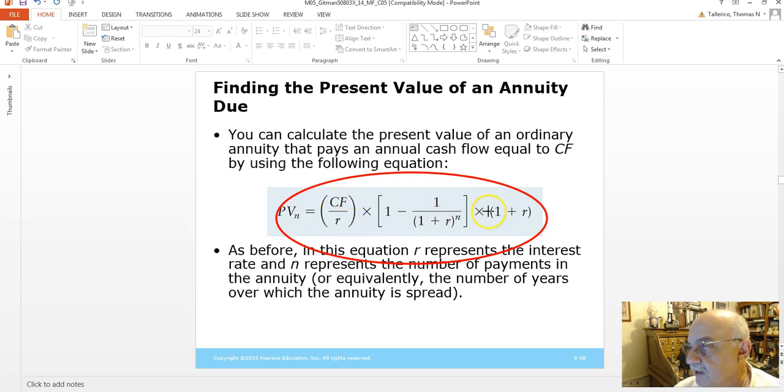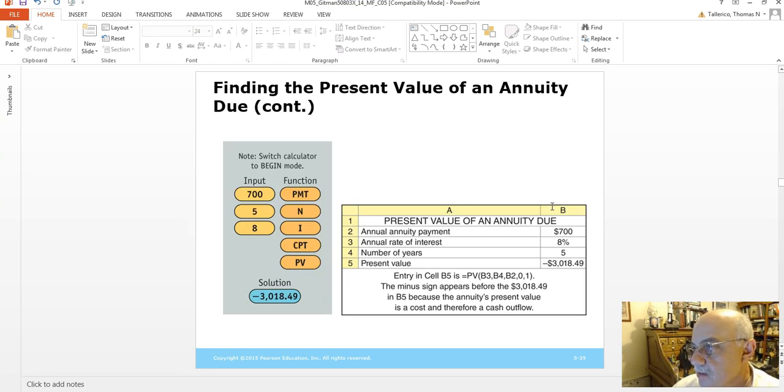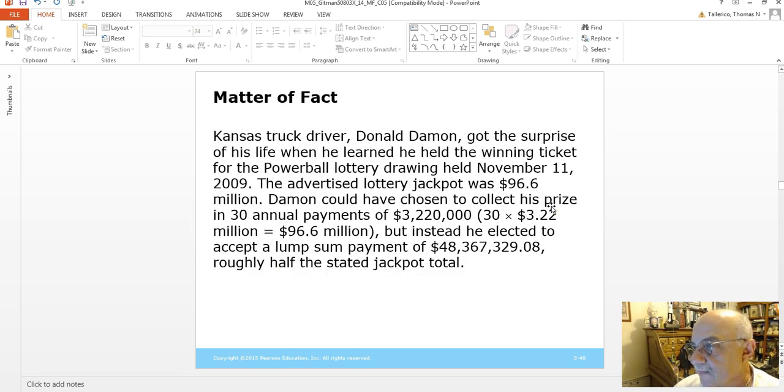Here's the interest rate. And again, it's the same equation you saw before. The only thing is we added this function right here, times 1 plus R, for an annuity due. All right? So that's not too bad. And here's, again, Excel and the calculator method of doing it.